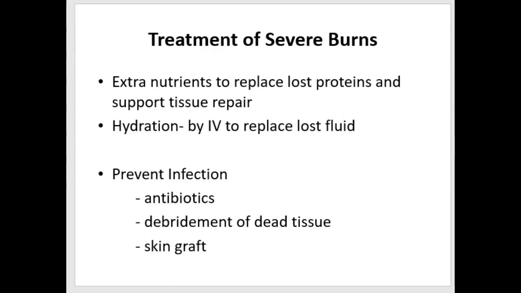It just takes that much energy and nutrients for repair. Secondly, of course, we have to hydrate. Usually that's done with an IV fluid. And you have to make sure that hydration includes the electrolytes that are required for osmotic balance of the blood and the tissues. And then the third thing is that infection needs to be prevented.